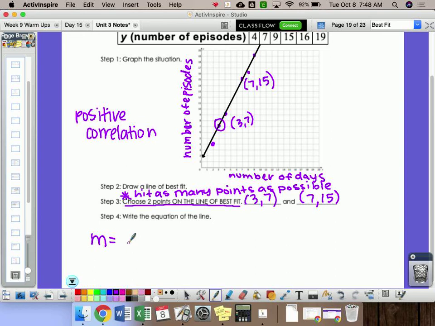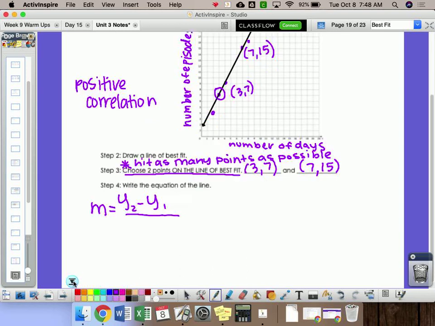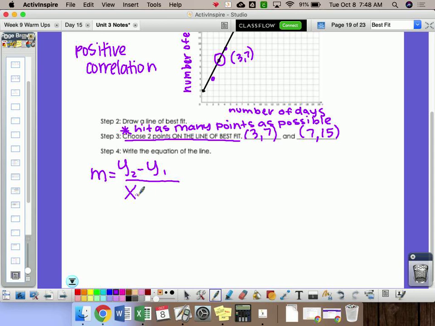So now we're going back to what we've practiced a lot, where we're finding the slope between 2 points and then writing the equation y equals mx plus b. So let's remember how to do that. We have that lovely slope equation, y2 minus y1 over x2 minus x1. I'm going to plug in the numbers from my points that I chose off my line.